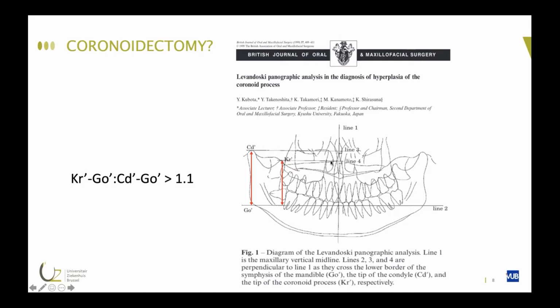If the distance between line 4 and line 2 is 10% larger than the distance between line 2 and line 3, then chances are that the coronoid process will block mouth opening if not resected. This is the Lewandowski analysis.